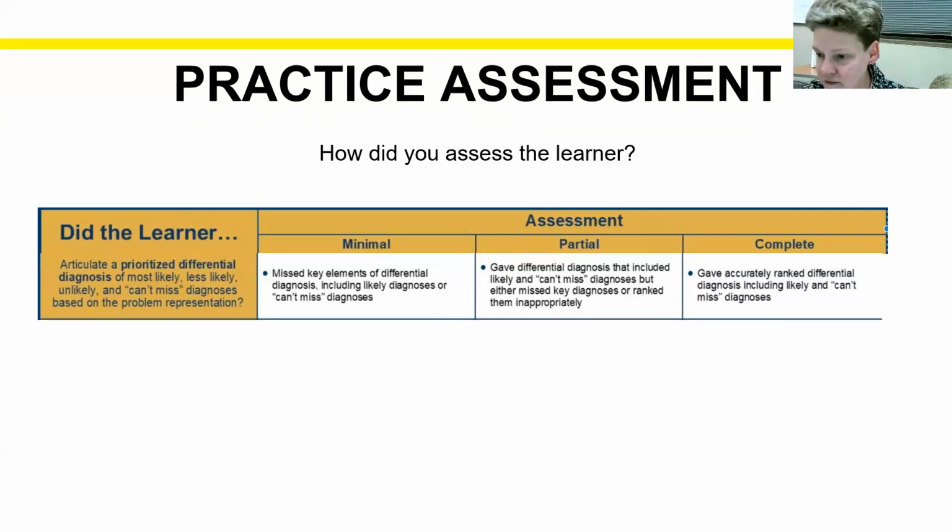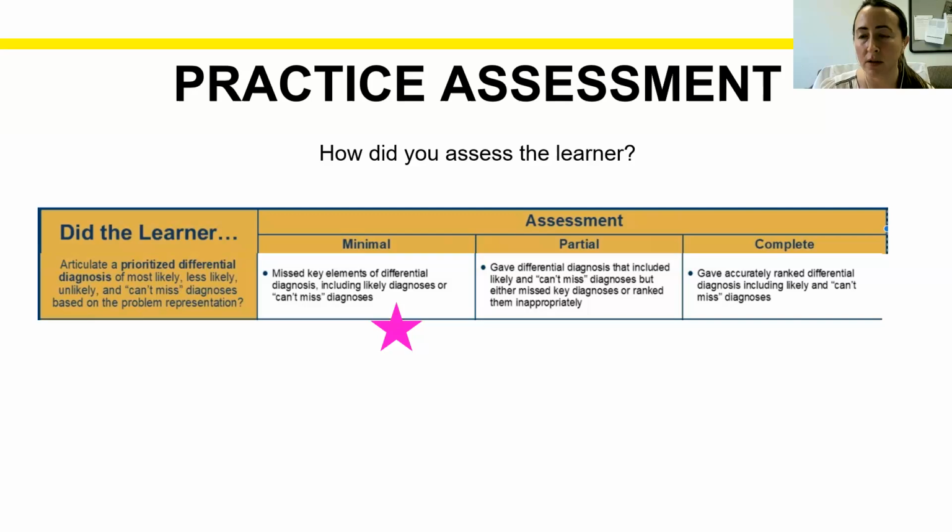Yeah, I'll let David maybe chime in. I can chime in. Oh, there's David here. We found that there was no prioritization, really no discussion about can't miss diagnosis. So we scored it at minimal. Okay. Does anyone from my group, we didn't talk specifically about this.